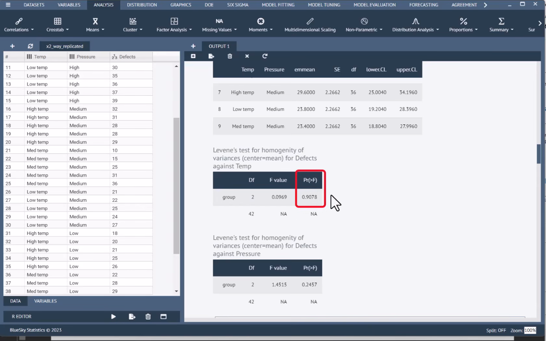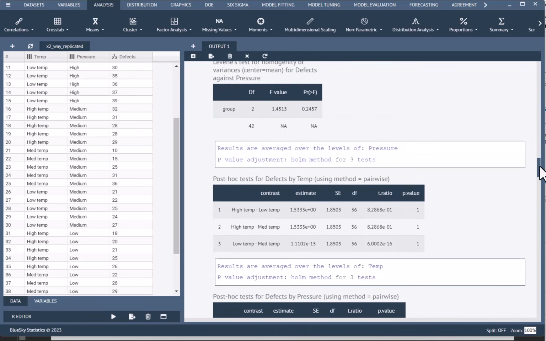It's much greater than 0.05, so we can use the assumption of normality. Likewise, homogeneity of variances by defect levels against pressure, again, we get a p-value greater than 0.05. So we have consistent variances, and our ANOVA then is valid.